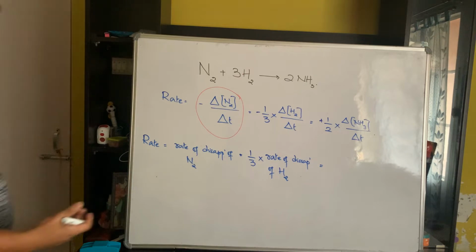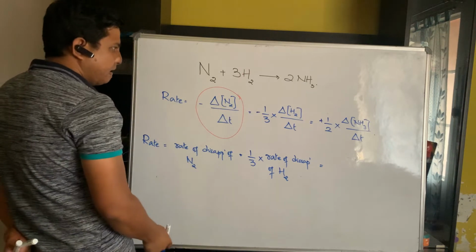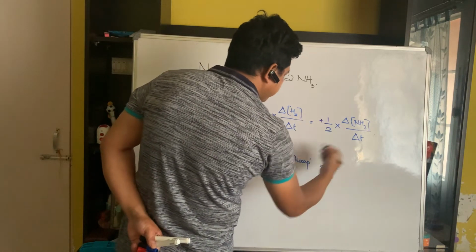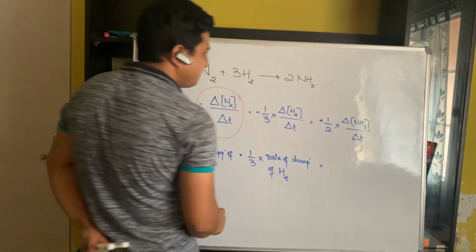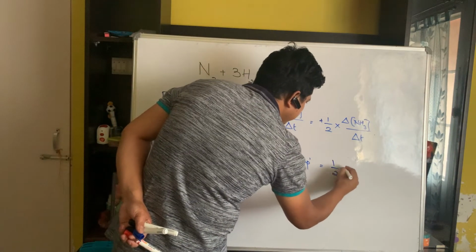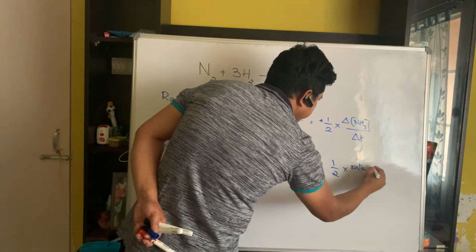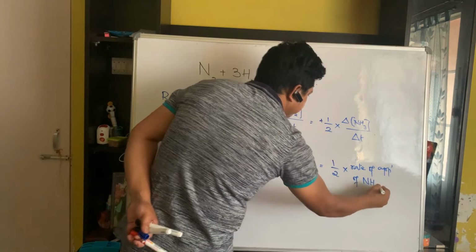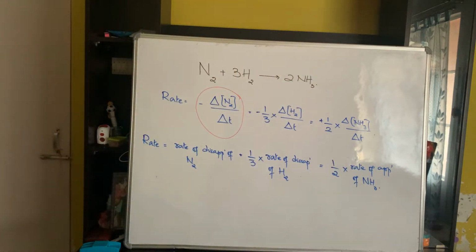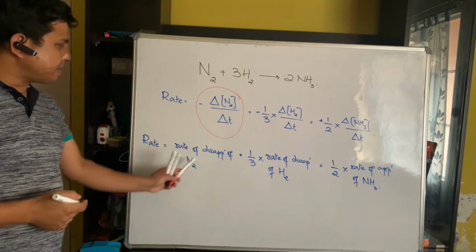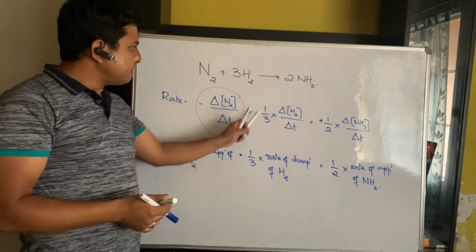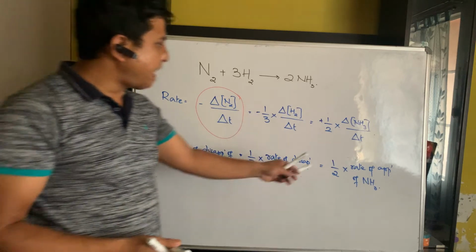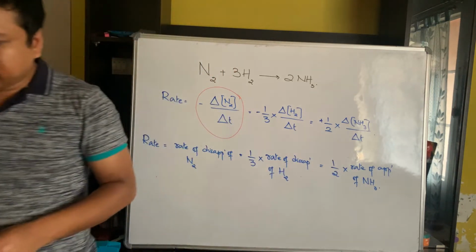And in terms of product, what is the rate of appearance of ammonia given by this quantity? So it will be half times the rate of appearance of ammonia. Okay, so the rate of reaction equals the rate of disappearance of nitrogen, which is equal to 1 by 3 times the rate of disappearance of hydrogen, which is equal to half times the rate of appearance of ammonia.